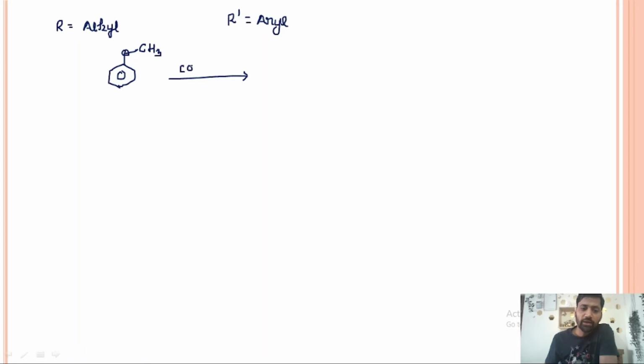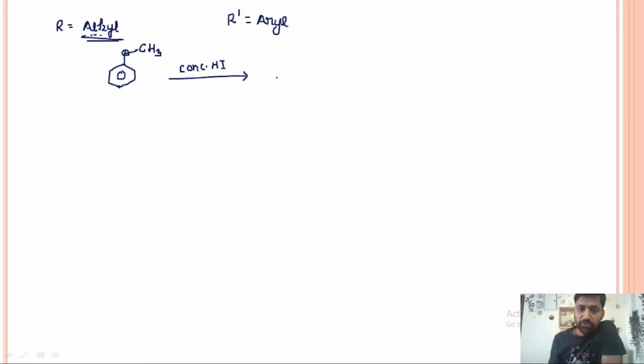Again, if you apply the basic concepts of SN1 and SN2 mechanism, you can easily tell that any kind of nucleophilic substitution is not possible on the aryl carbon, the carbon on the benzene. So in this case, it does not matter what kind of carbon you have on the alkyl side. The only thing that matters is that nucleophilic substitution cannot take place on the aryl carbon, and that is why the nucleophile will always attack on the alkyl part, right?